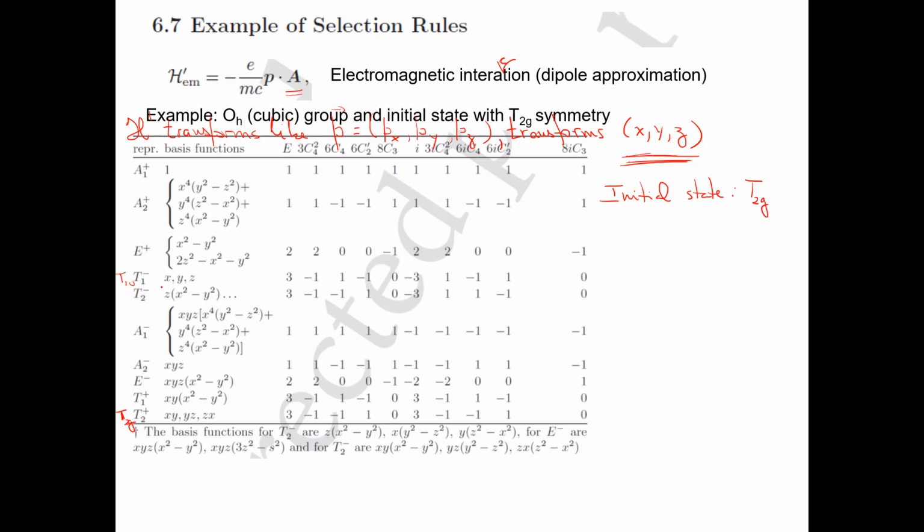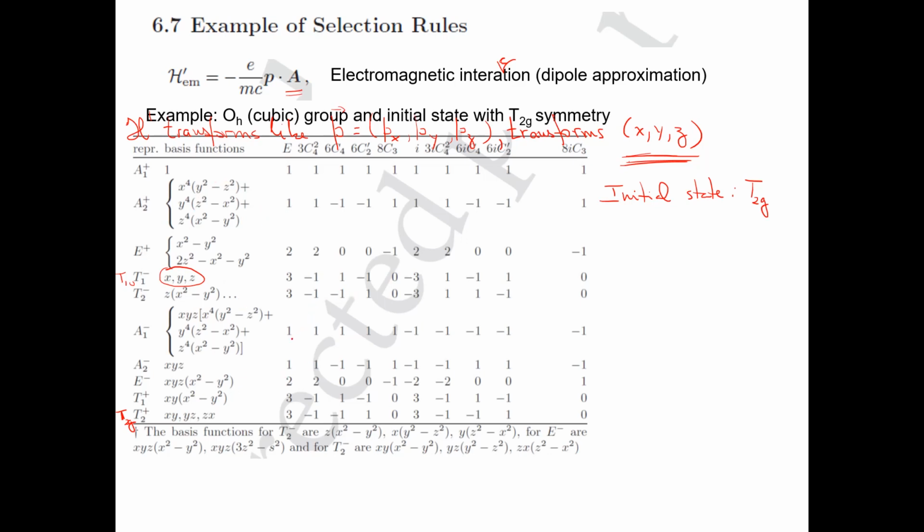And you see the coordinates of a vector here, x, y, z. Another important point is that the vector is always odd under inversion. So when the group has inversion symmetry, you will always find the x, y, z coordinates somewhere in the odd representations, never in the even representations.